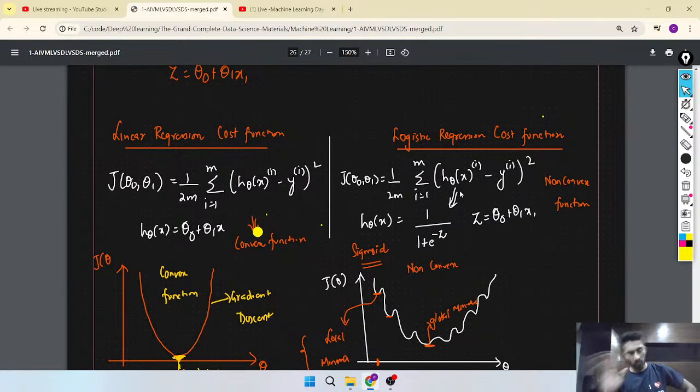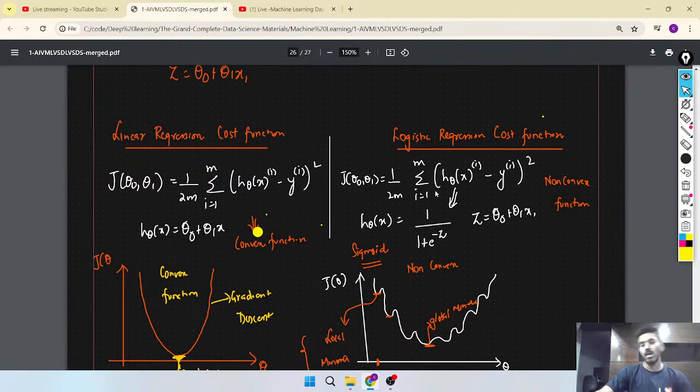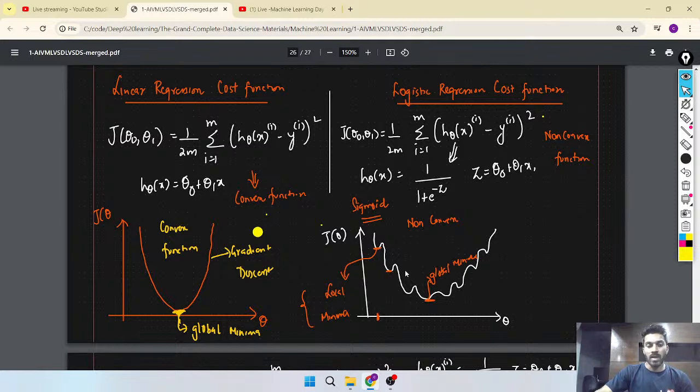Why? The question will come: why don't we apply this? If you apply this error function in logistic regression, the curve will look like this because there is an exponential function. If you differentiate this function, you get many local minima, that is, a non-convex function.